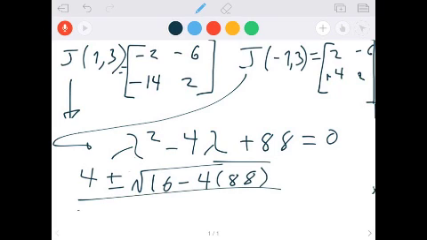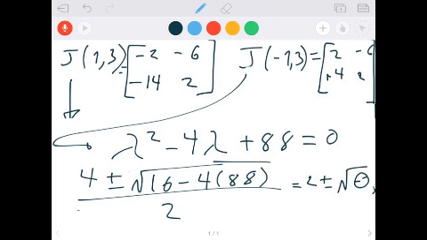over 2a. So again, I don't really care about simplifying all of this, but you can see that under the square root, you'll get a negative number. And then the number outside will be positive. So what do you get? 2 plus or minus the square root of, I'm just going to be really lazy and say it's something negative in there. So what this tells you is you get an imaginary part and a real part.